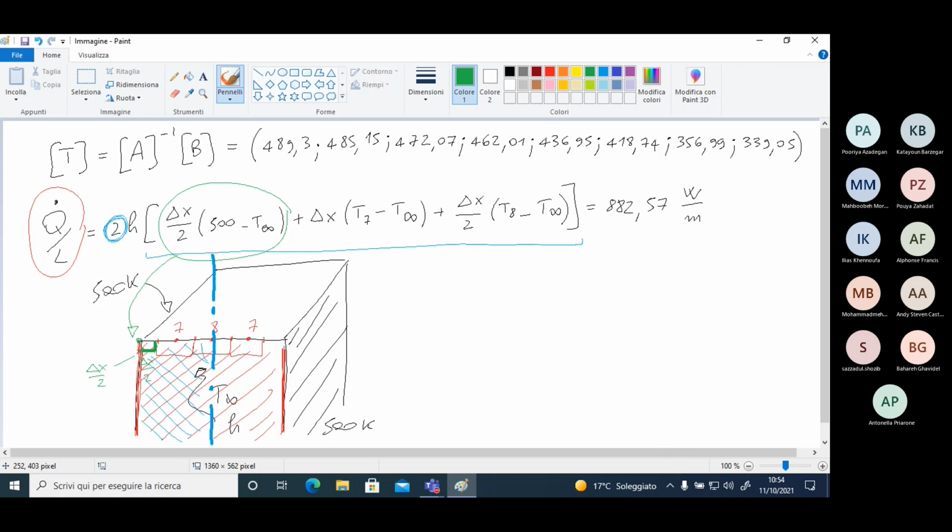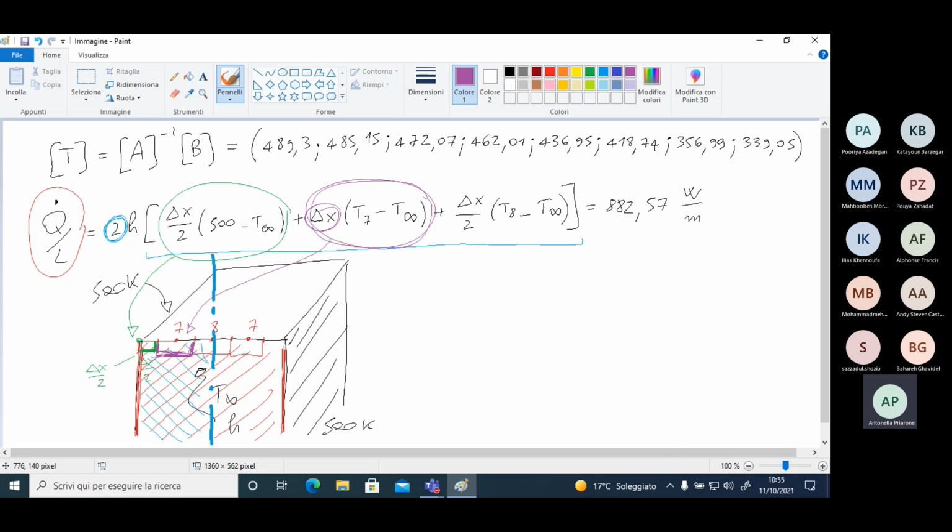This is Newton's law for this portion. This one is the portion associated to the node 7, and its thickness is length delta x.